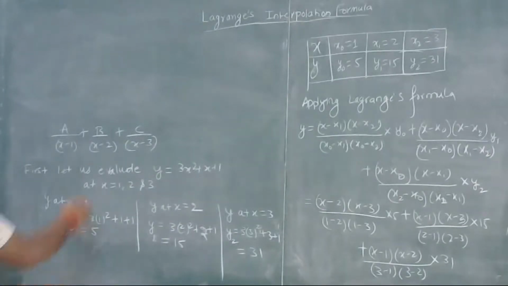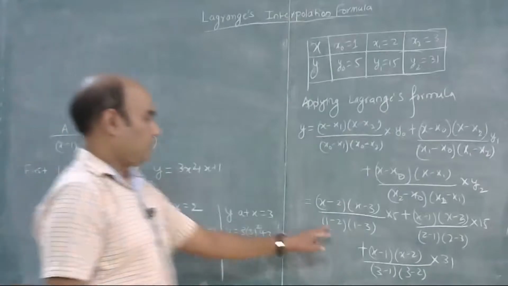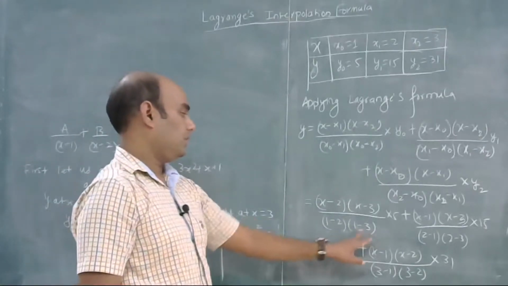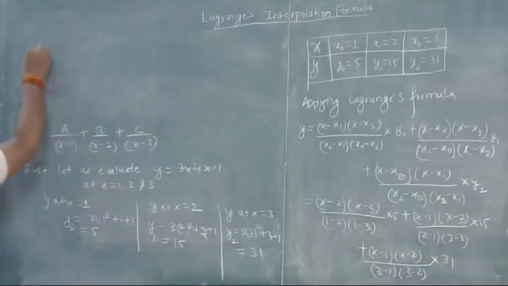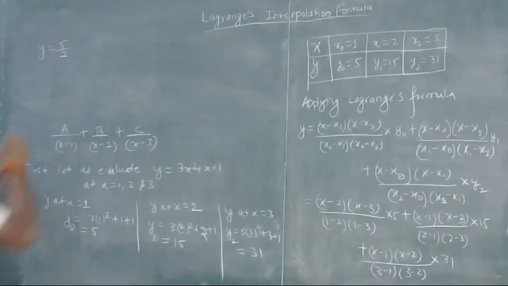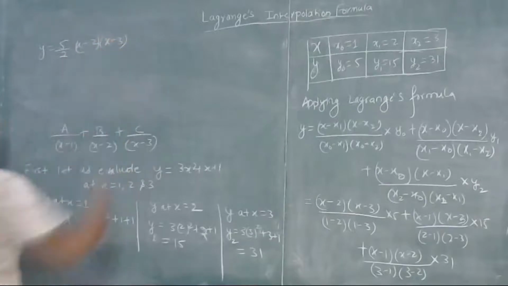Fine, so we move forward. So this is 1 minus 2 is minus 1 and 1 minus 3 is minus 2, so this will be 5 by 2. So y is equal to 5 by 2 (x minus 2)(x minus 3).